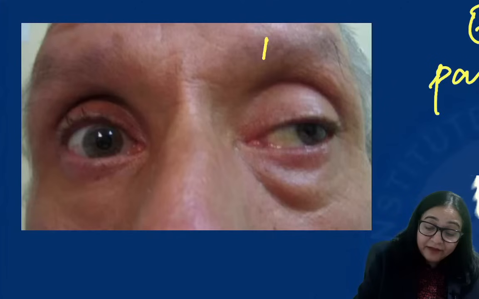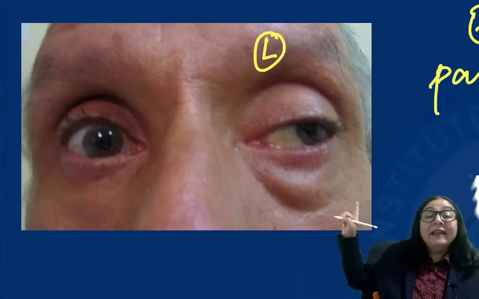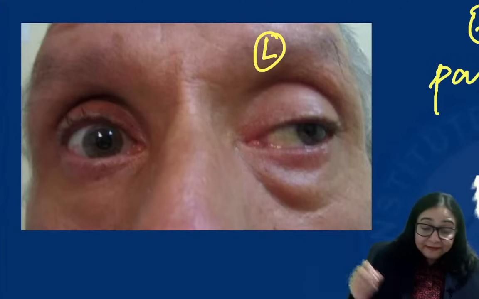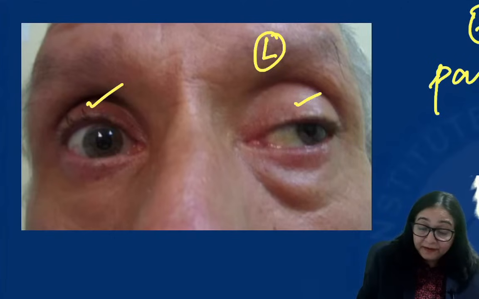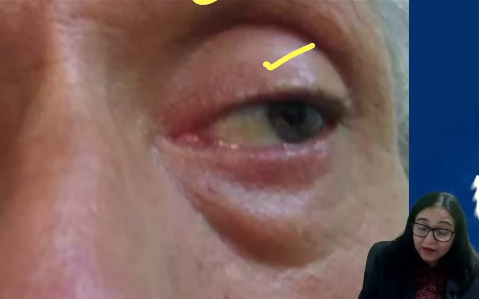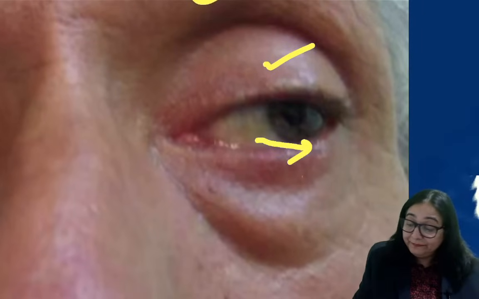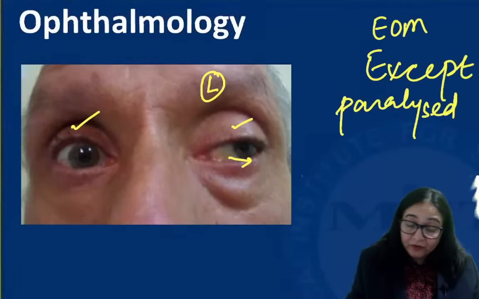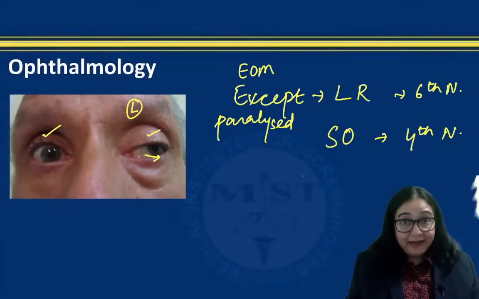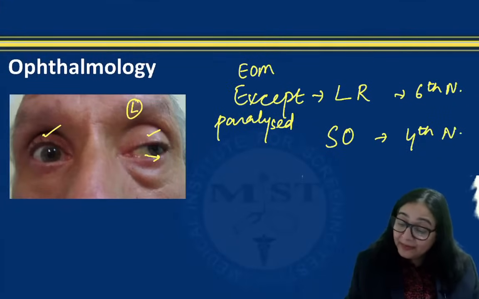This is the left eye of the patient, so he is having left third nerve paralysis. Here if you see, the lid is in normal position, here there is partial ptosis, here the eye is in down and out position. Yes, the ptosis is because of the LPS paralysis.